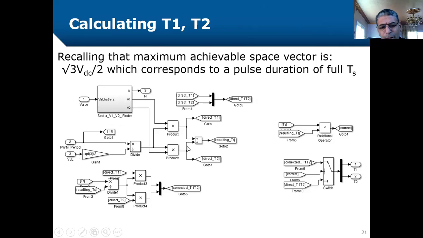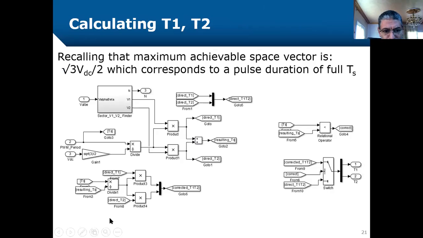Look, we get here the summation of T1 and T2, because if you forget for some reason to enforce a saturation limit for the controllers, and they ask for voltage that is beyond the capability of the inverter, then these times T1 and T2, the summation of them, can exceed the pulse width modulation period. Then we need to rescale them or rearrange them to maintain the ratio between them and be constrained by TS.